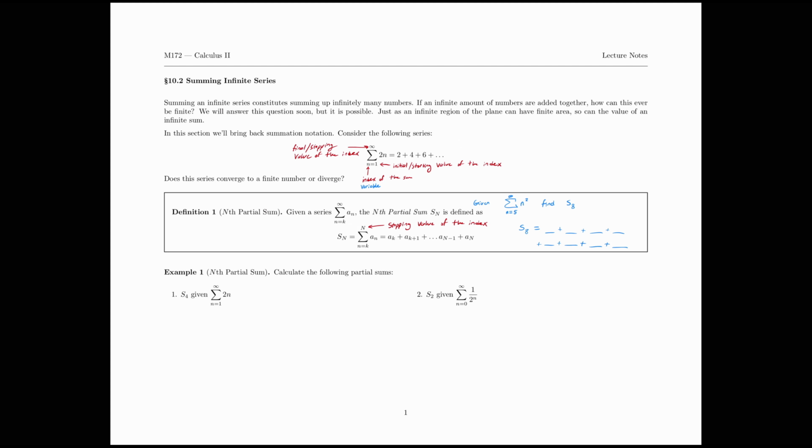So find the first 8 terms. So this is incorrect. We always start with whatever the initial value is listed as. So instead of starting with, let's say, 5 squared, 6 squared, 7 squared, 8 squared, 9 squared, 10 squared, 11 squared, 12 squared, going all the way up to the 8 terms, 1, 2, 3, 4, 5, 6, 7, 8 terms.